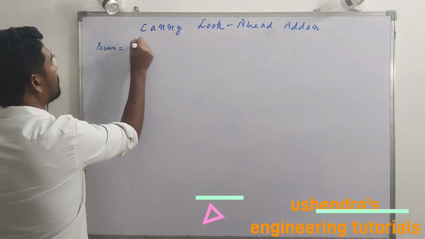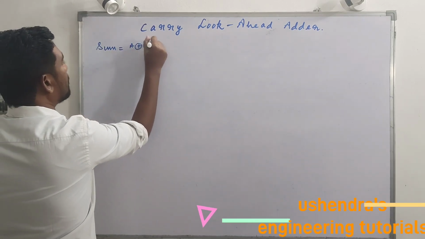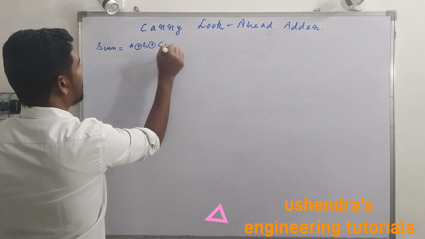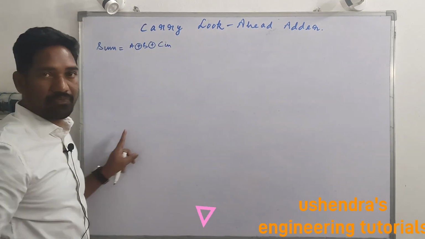For a full adder with 3 inputs, the Boolean expression for sum is A exclusive OR B exclusive OR Cin, and this expression comes from the basics of a full adder.